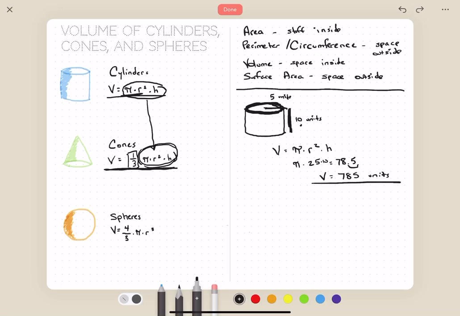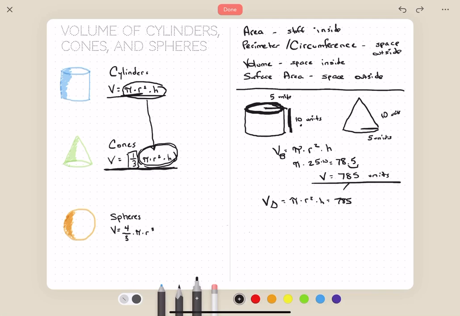Say we have a cone, and that cone has the same height, 10 units, and then that cone has the same radius, which is 5 units. So we do exactly the same thing. So this is volume of a cylinder, and this is volume of a cone, and we're going to do pi times r squared times h, which we already did, and we got 785 units.